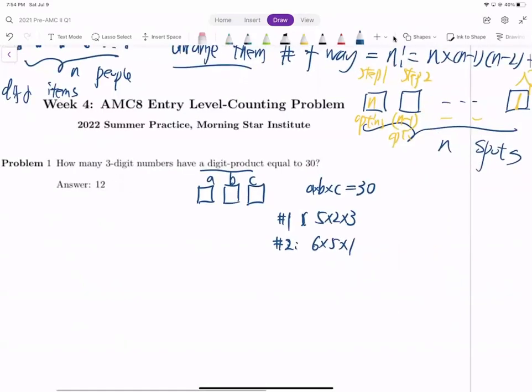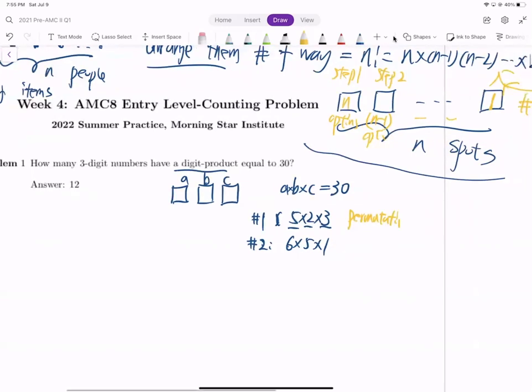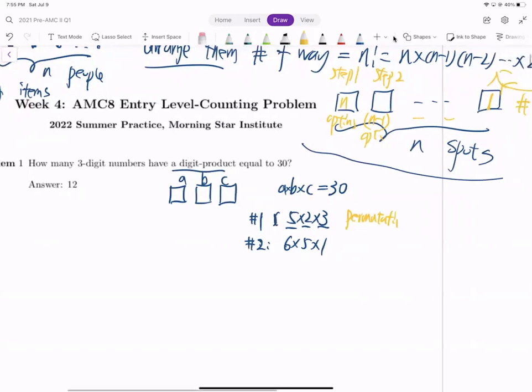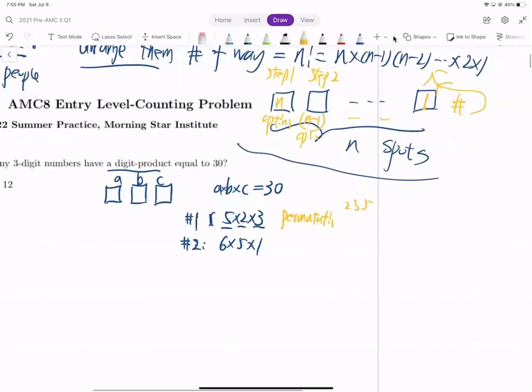For case 1, you have 3 numbers, 5, 2, 3, and then you can do permutation. I can do 5, 2, 3, or 2, 3, 5, or 5, 3, 2, and so on.